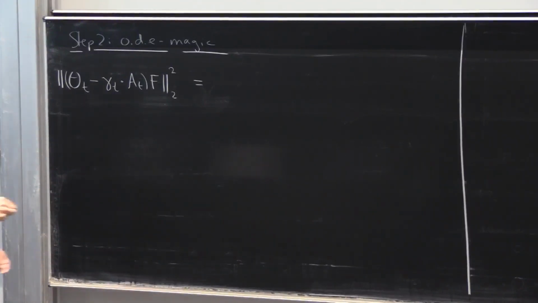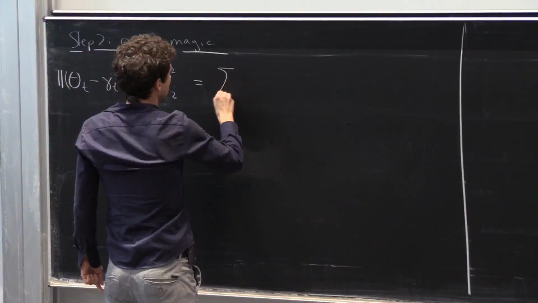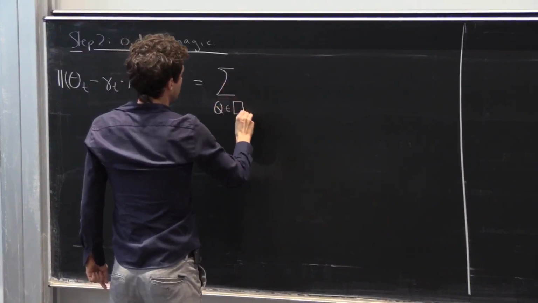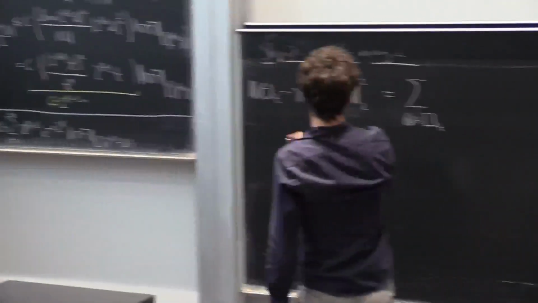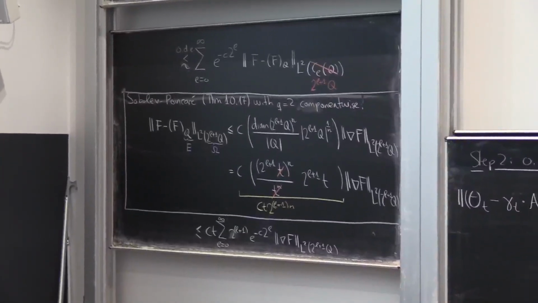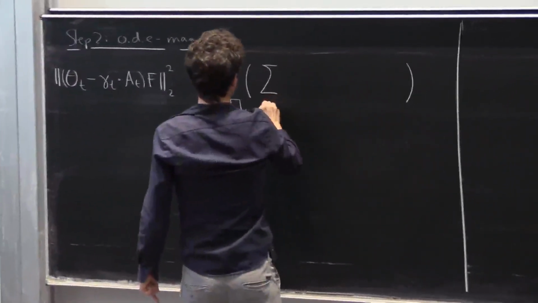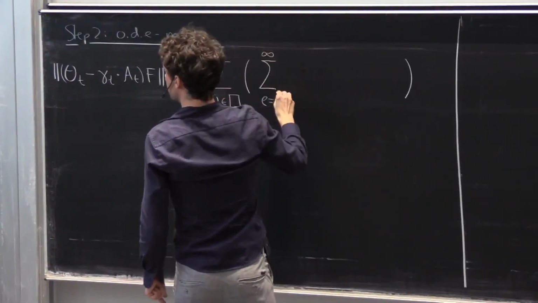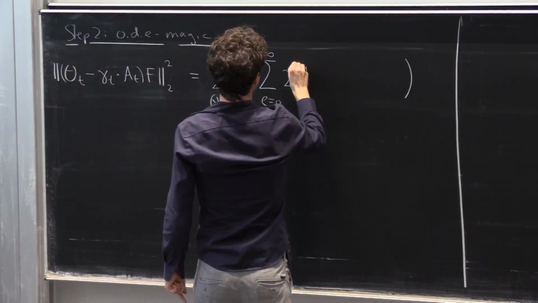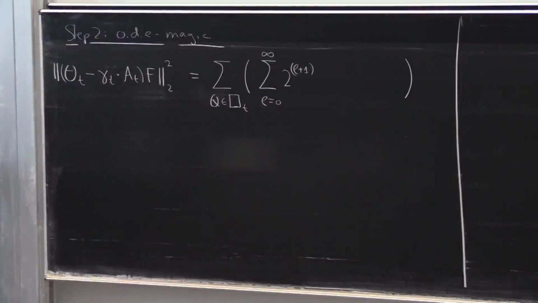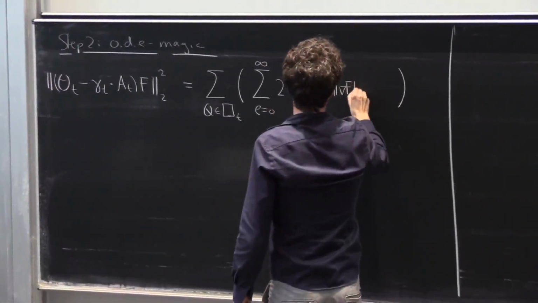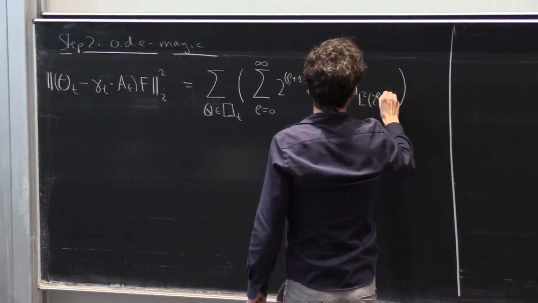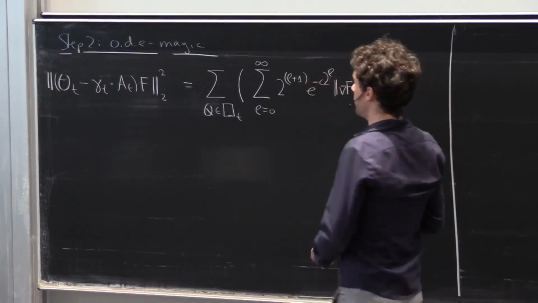So this here becomes a huge sum indexed by dyadic cubes of generation t of the local L2 norms squared. And the local L2 norms squared are the sum over L from 0 to infinity of 2 to the L plus 1 n, oh, I forgot the n here, sorry, not that it mattered, times the gradient of f in L2 on 2 to the L plus 1 Q, and all that squared.